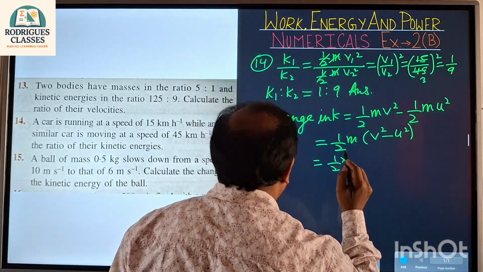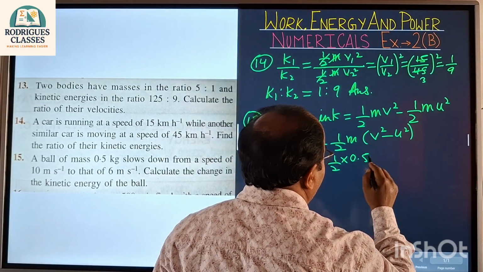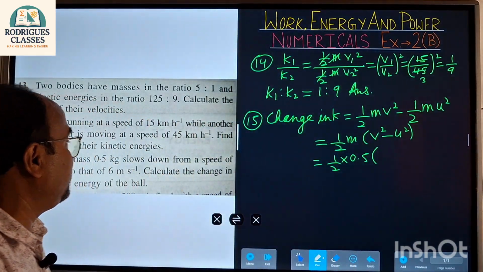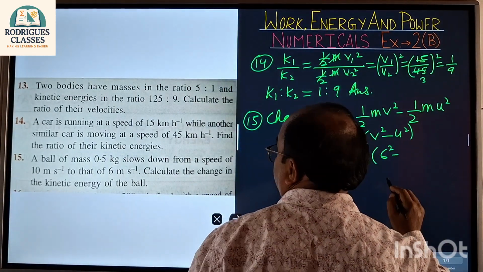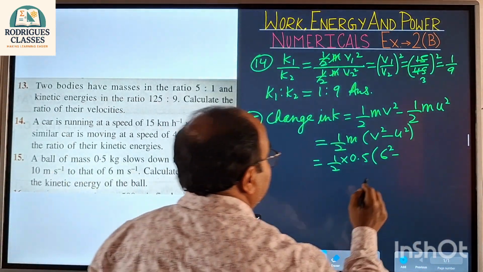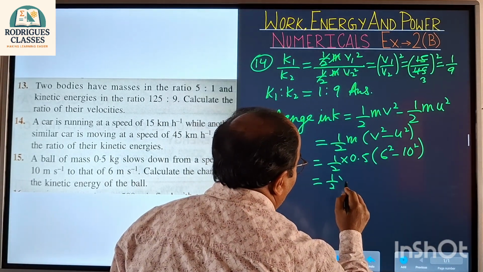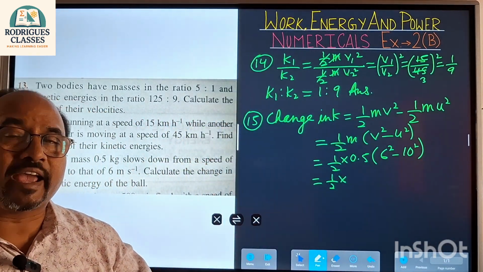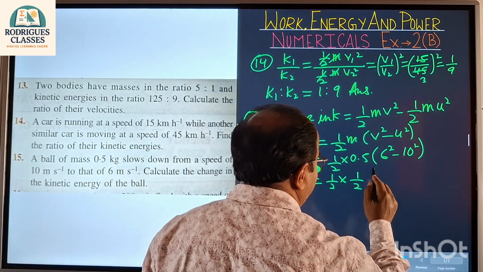So half m is here 0.5 kg. The final velocity is 6 meter per second, minus this one, 10 meter per second. Half into, 0.5 can be written as half. Okay, so I am writing half to make the calculation easier.